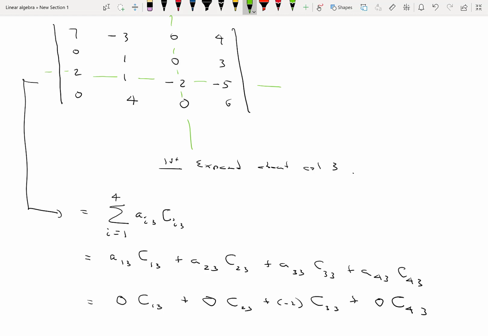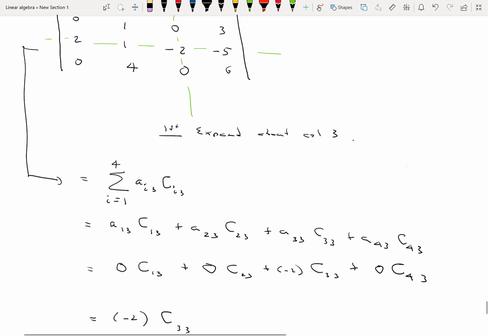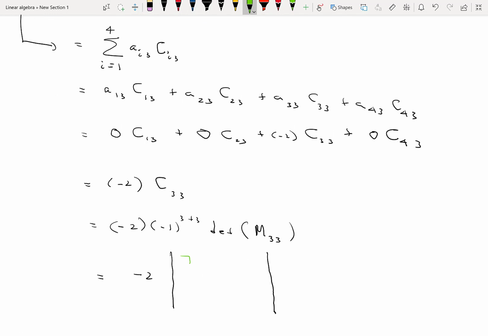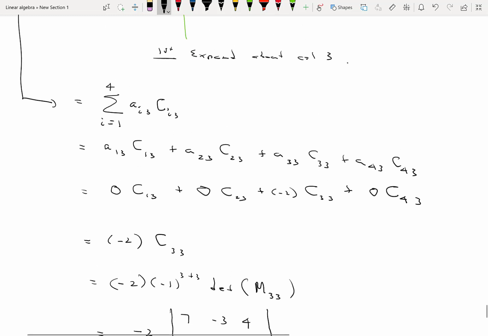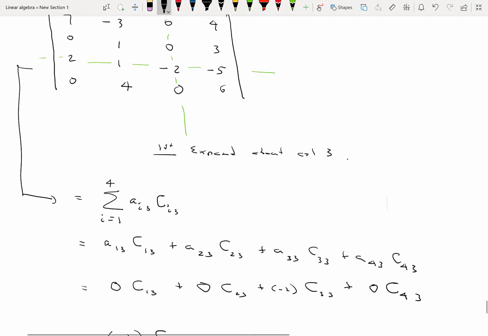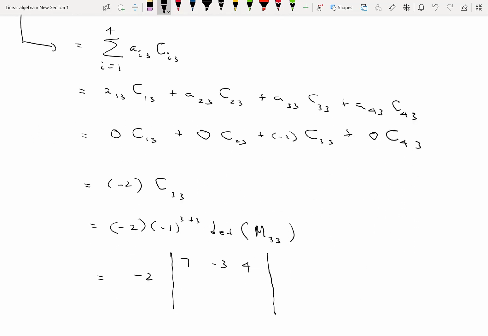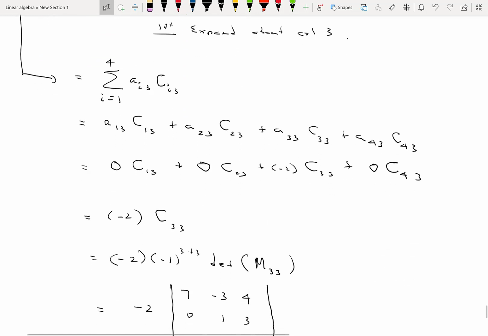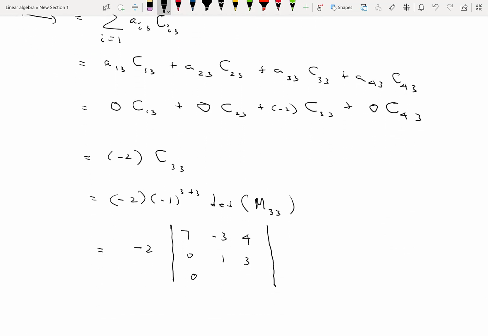The 3 minor now is the 3x3 matrix whose entries are, let me write this out, 7, negative 3, and 4, and 2 more rows: 0, 1, and 3, and finally, 0, 4, and 6.